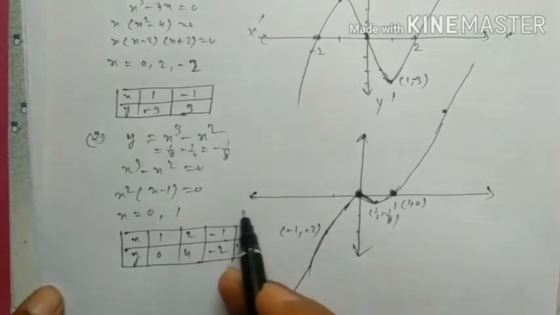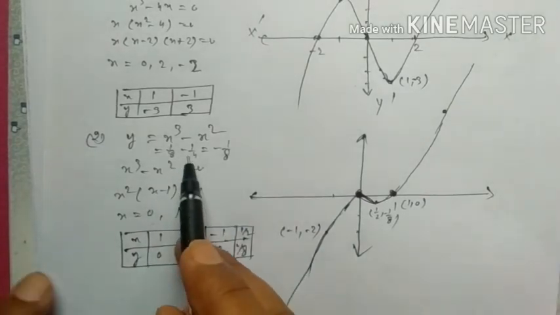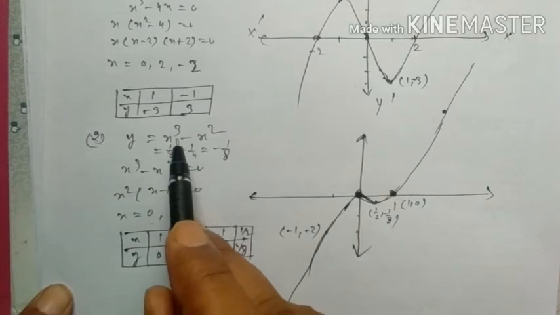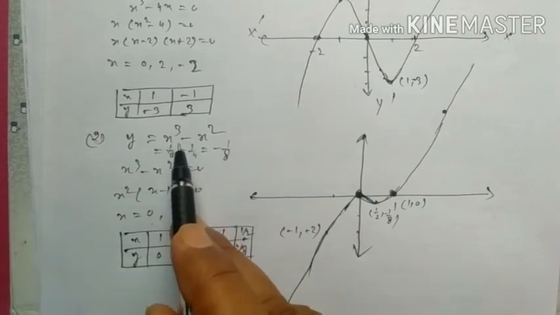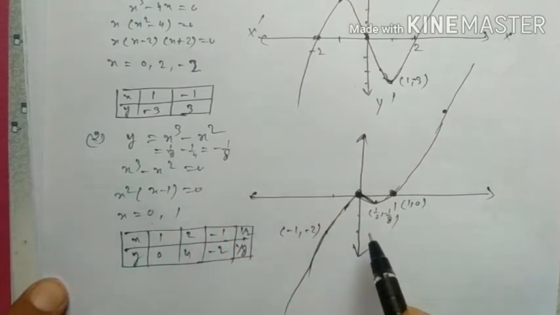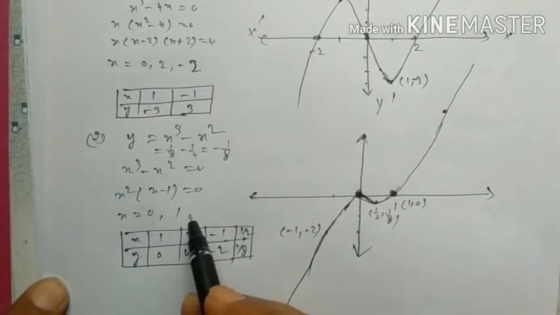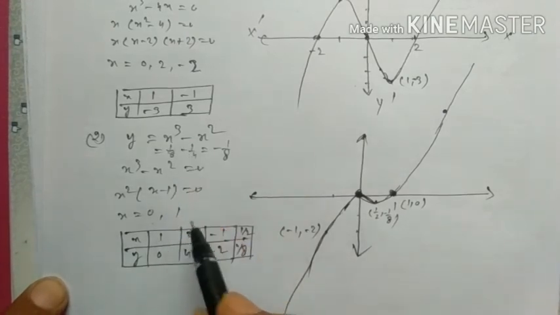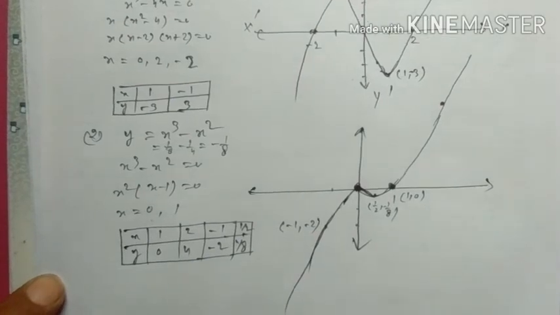So the maximum number of roots for a cubic polynomial is 3, but the minimum is 0. The roots may be 0, 1, 2, 3.